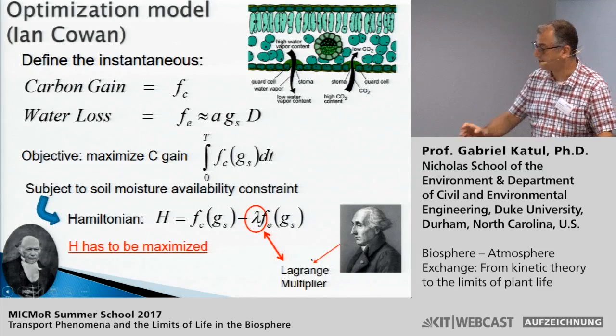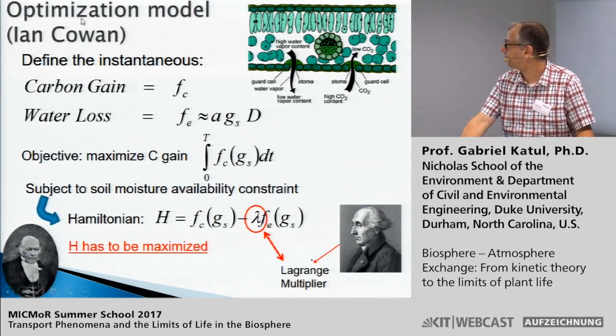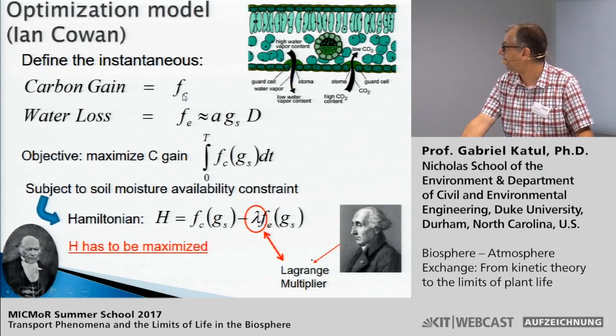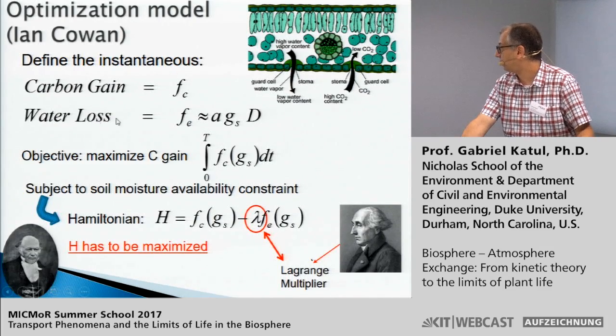He argued that plants must be operating in a way to maximize their carbon gain while trying to minimize their water loss. There are many ways you could write this sort of optimization problem. But the idea is that as CO2 enters the plant, water vapor escapes through the same route. And if the stomata are smart enough to maximize the carbon gain over a certain time period t, then there is an objective function for the opening and closure of the stomata.